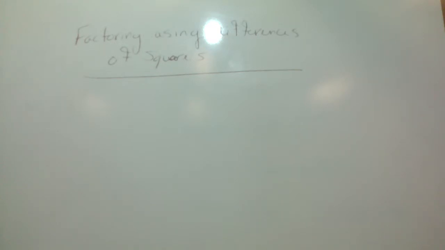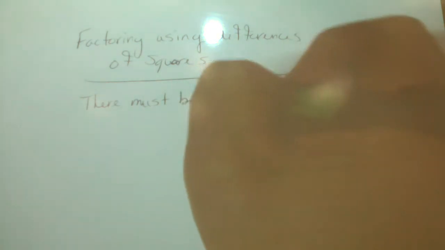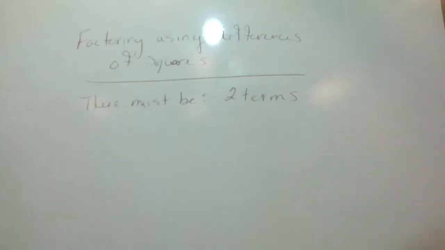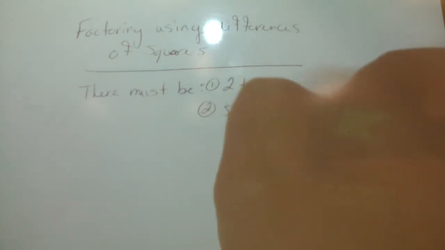So when you're doing this, you're looking for three things. There must be two terms. So all these problems we're going to be looking at have two terms. That's the first thing. Second thing, there must be a subtraction sign.